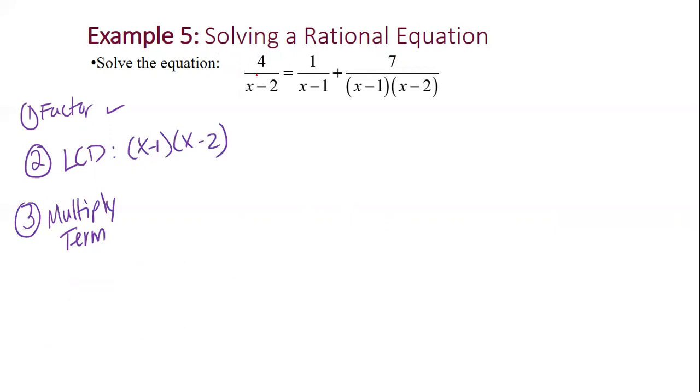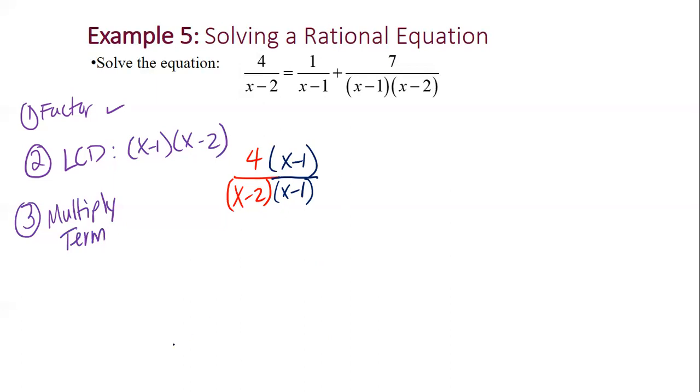When we look at the first term, we have 4 divided by x minus 2. In order for this denominator to match the LCD, what is it missing? X minus 1. And mathematically, if I change one aspect of the fraction, I have to change the other. So I have to multiply the numerator also by what I did to the denominator.